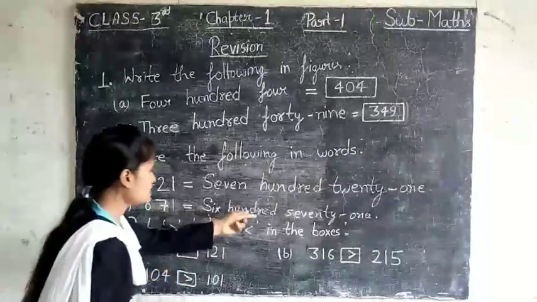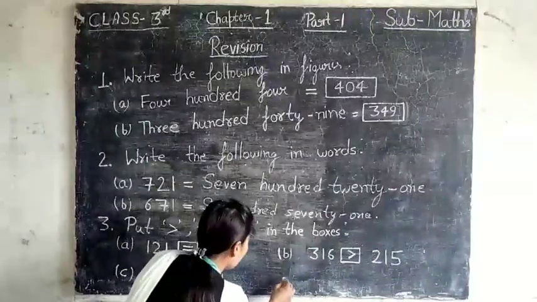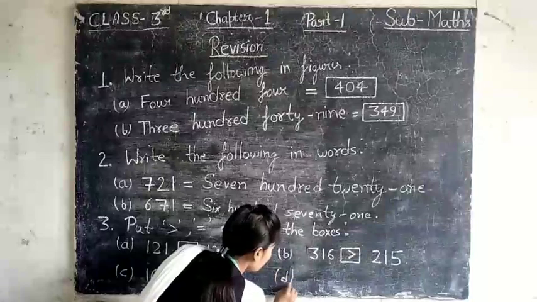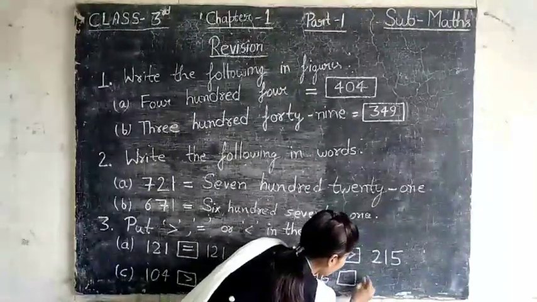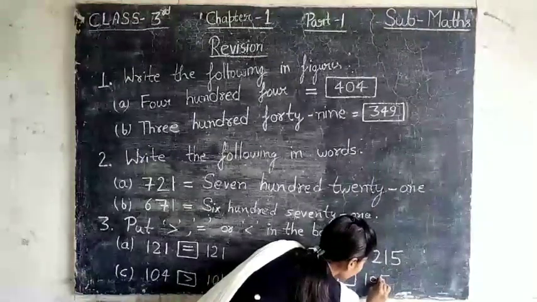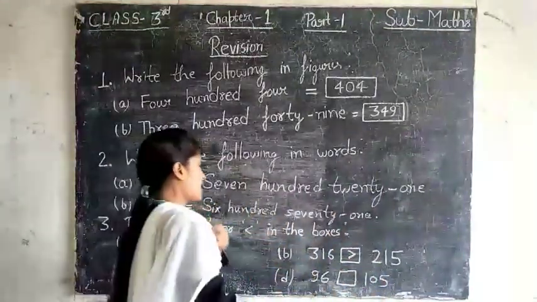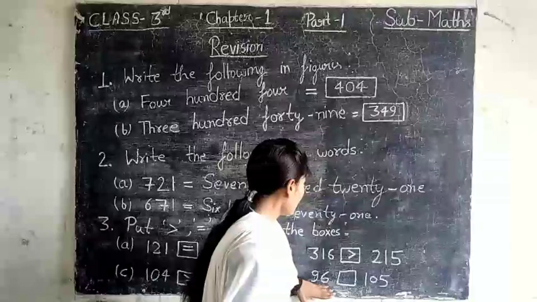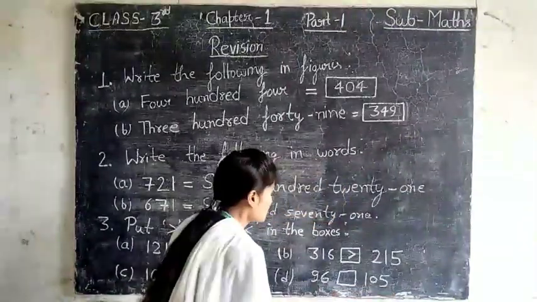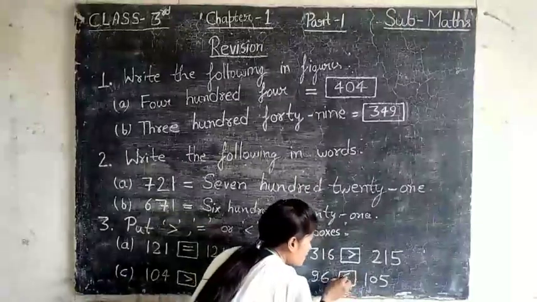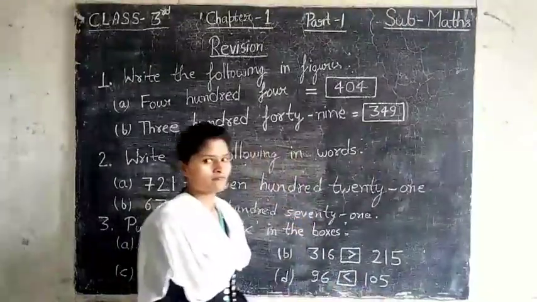And less than is in question D, that is 96 box 105. So 96 is a 2 digit number and here is a 3 digit number. So this is smaller. So 96 is smaller than 105.